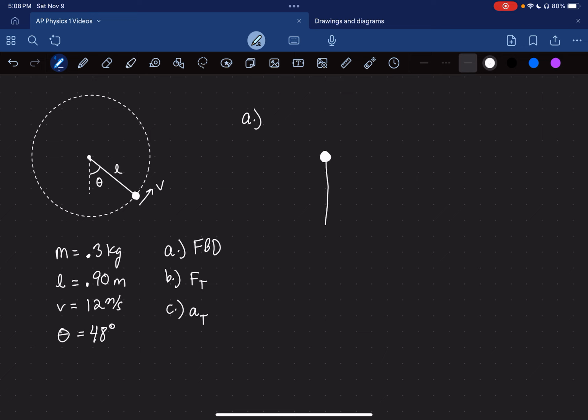It has gravitational force mg, and the string is pulling it in this direction, Ft. It's important to note the angle. This is the direction of the tension force. And if I draw a straight dotted line here, this is that angle theta.